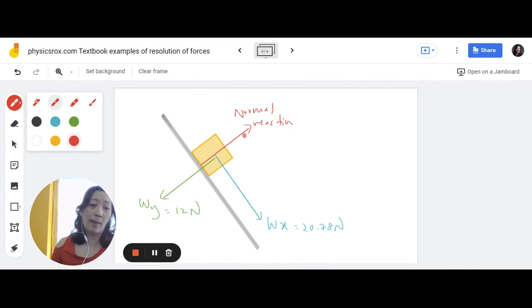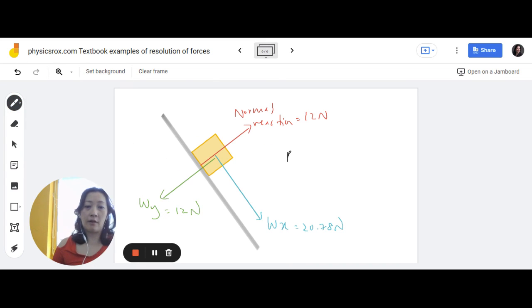So it's always trying to balance that value. And because it's balanced, you can actually ignore the forces in this direction, which means that the answer to B, the resultant force, is only 20.78. Because it's a smooth surface, no friction, there's nothing to minus.